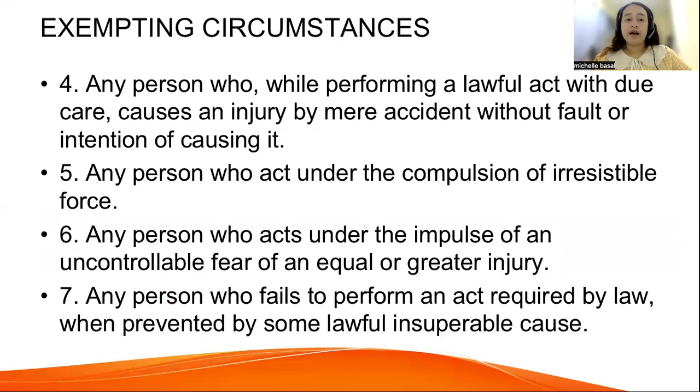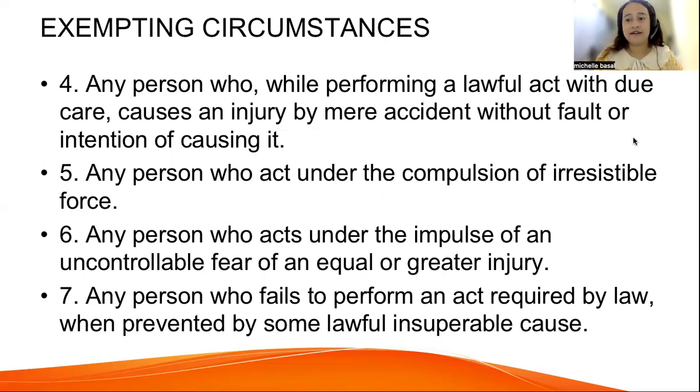Okay? And now let's go to freedom and intent. The following are also exempting circumstances. Number 4, any person who, while performing a lawful act with due care, causes an injury by mere accident without fault or intention of causing it.